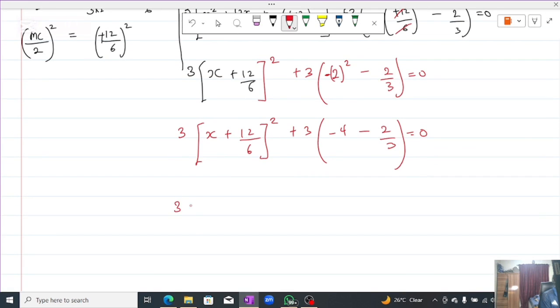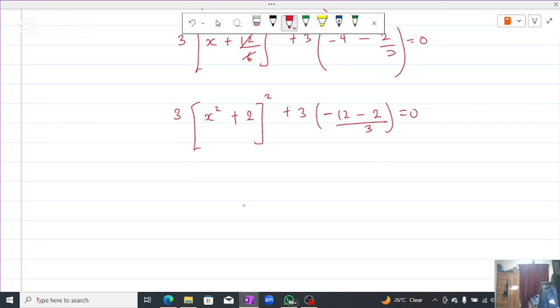And then I have 3 in bracket of x plus, I can divide it now, 2 square plus 3 in bracket of minus 12 minus 2 over 3 equal to 0. Then I have 3 in bracket of x plus 2, sorry, this should be ordinary x, not x square.